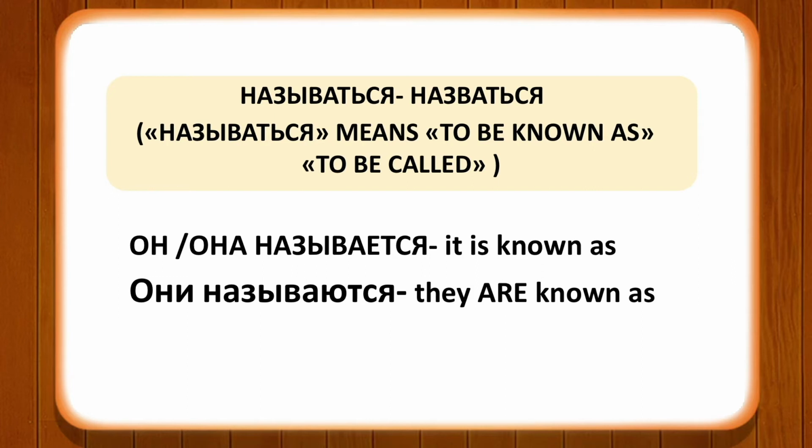That is why the verb is used with third person singular and third person plural. For example, we can make sentences like Nash gorod nazyvaetsya moy gorod, and we can conjugate only in third person. On, ona, ono nazyvaetsya, and in English it will be translated as it is known as. Oni nazyvayutsya, plural form, they are known as. Oni is, as you know, third person plural.